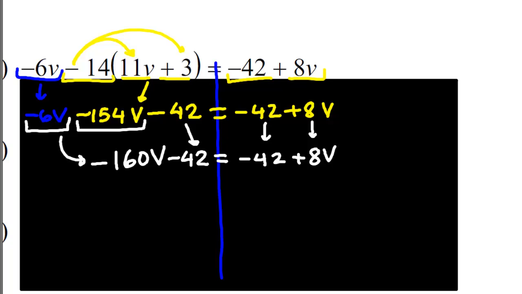Alright, next we are moving things around, okay? So we can combine this negative 42 with that negative 42. So, plus 42, plus 42.